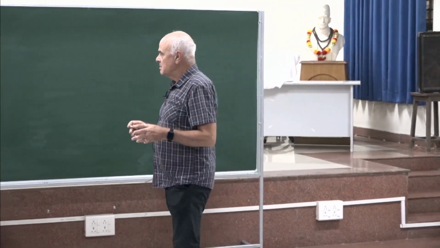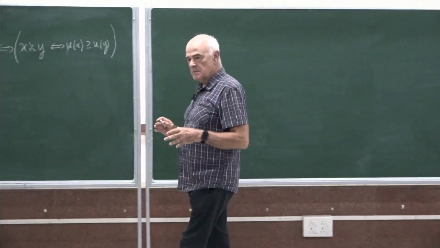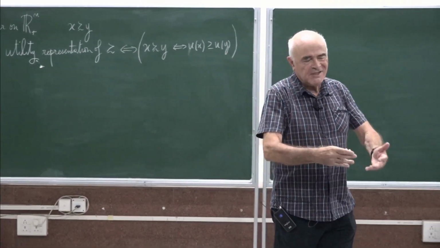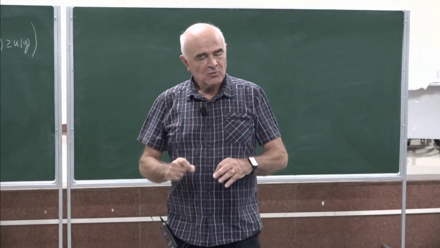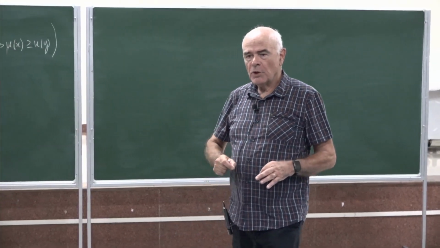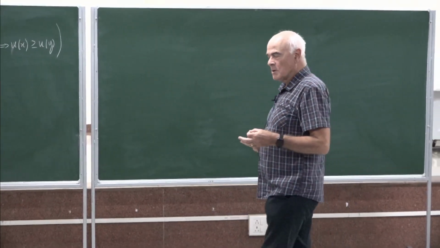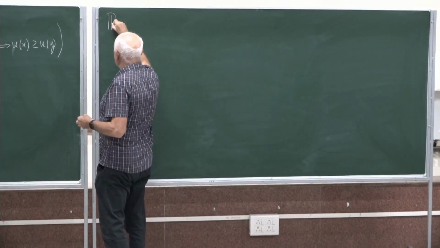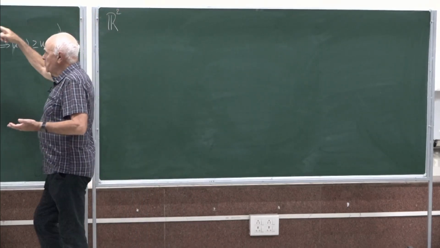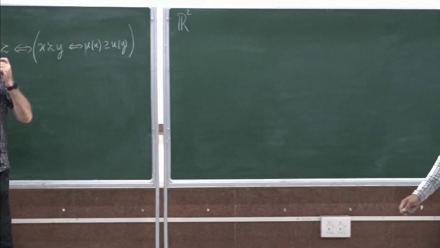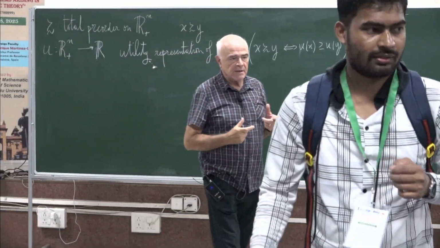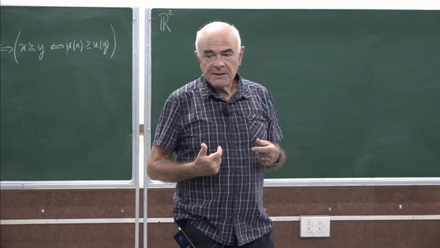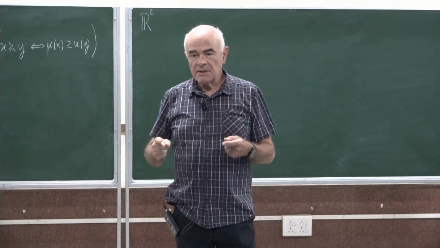To make things simple, let us do it in R2. But the same argument, with no changes, works for every n greater than or equal to 2. So in R2, well, I consider R2, but it could be R plus 2, because as you are going to see, the argument is a matter of cardinality, and the cardinality of R is the same as the cardinality of R plus.